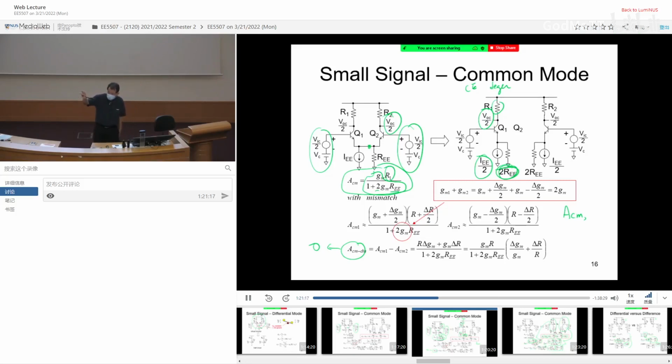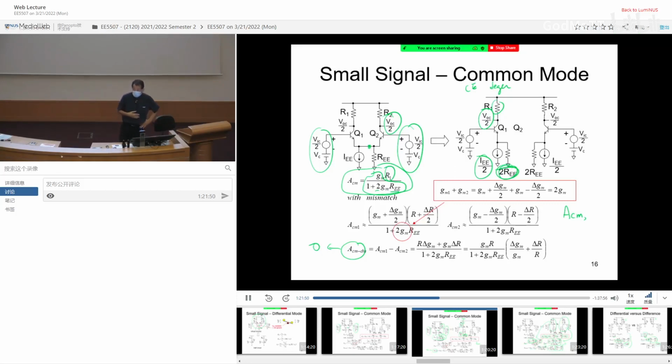So if you're only looking at one single output, the noise will appear. But if you look at the differential output, because they appear the same, they cancel out, 0. Why does the signal input not get affected? Because the signal moves like this. They don't move identically. They move differentially. So when they subtract the output, they don't cancel out. So that's why in analog and RF circuit, a lot of time we prefer differential circuit. That is the reason. Okay, that is the reason.